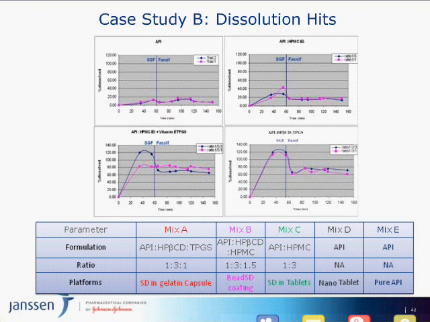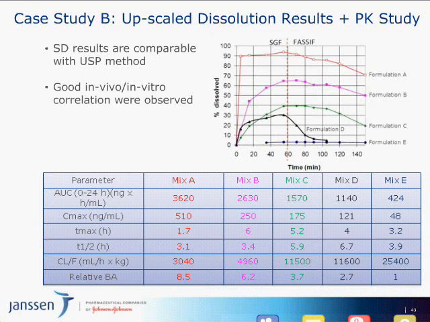We are going to pick these hits and do a scale up. So underneath you see the formulations which are scaled up, and to make a comparison on large scale, we took the hits from over here, the HPMC on its own, the API, and a nano tablet. If we look at the dissolution results from the larger scales, from the upscaled formulations, we see actually comparable results.